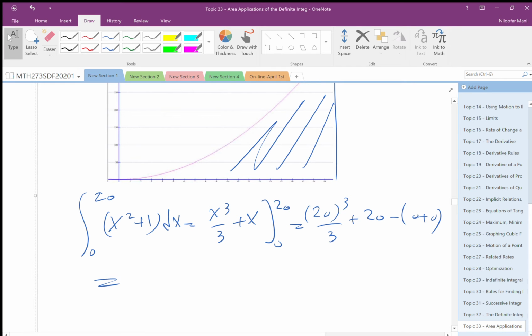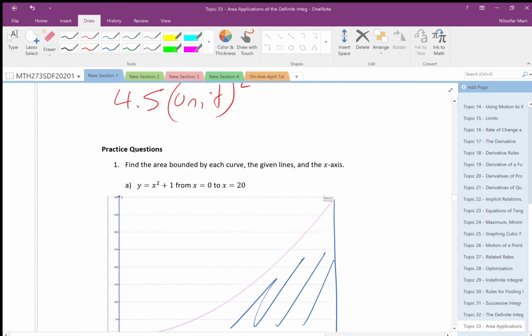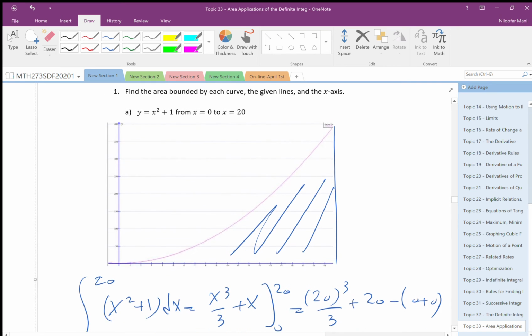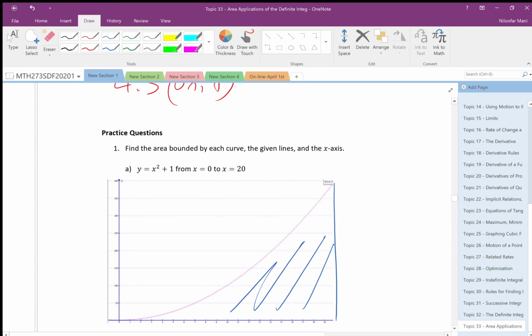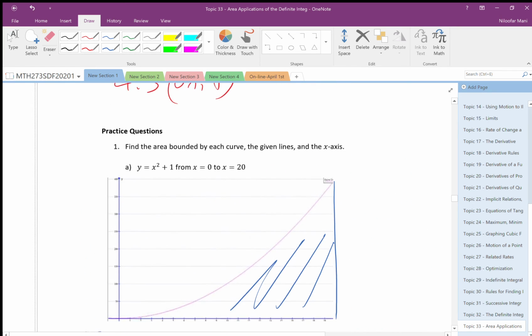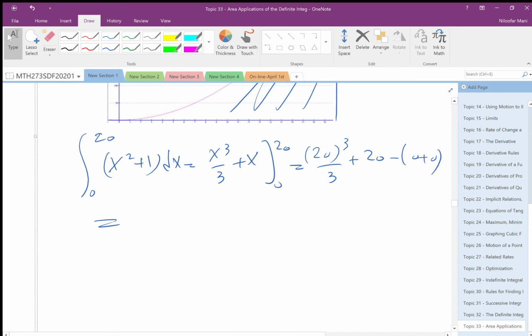Let me see, am I right here? It says from 0 to 20, yes, 0 to 20. x cubed, so it is 20 times 20 times 20, so it is 8,000 divided by 3 plus 60 divided by 3, which is 8,060 divided by 3.